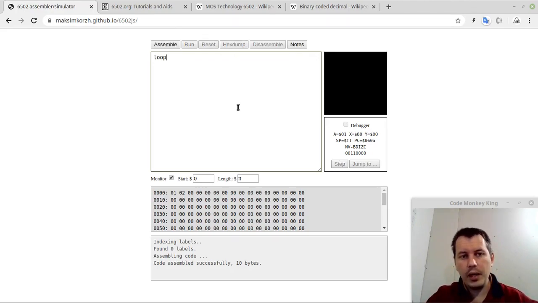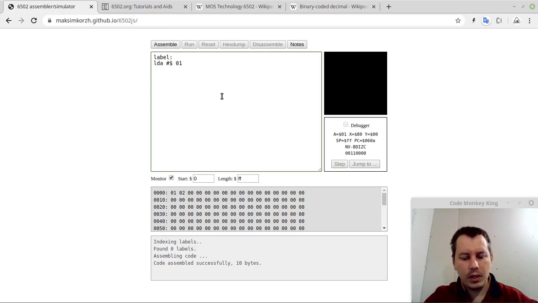Okay, so what else? Now let's have a look at the loops. If we have a label, it might not be called loop, it might be called label or whatever. And then we may do something here, right? Let's say we can load a value to the A register, like 01.